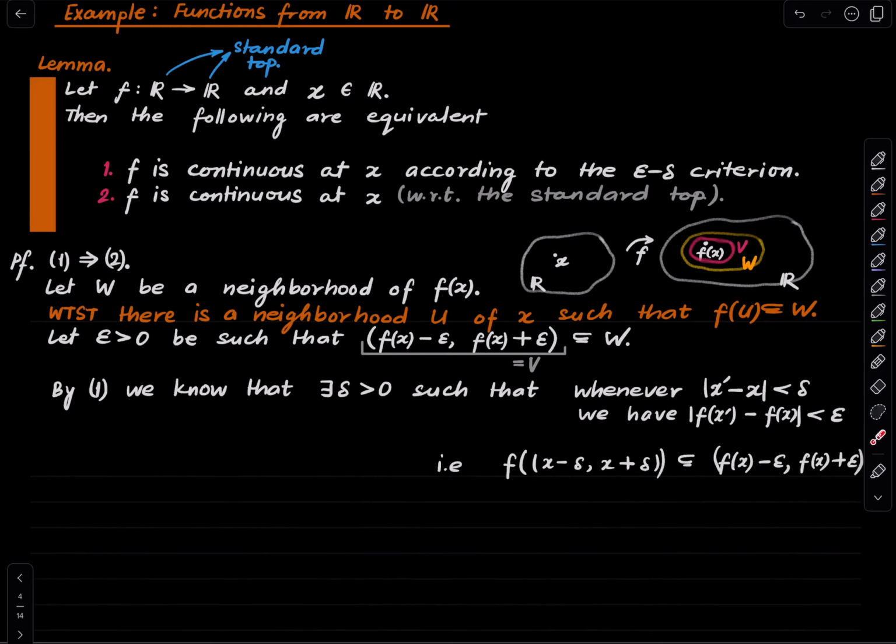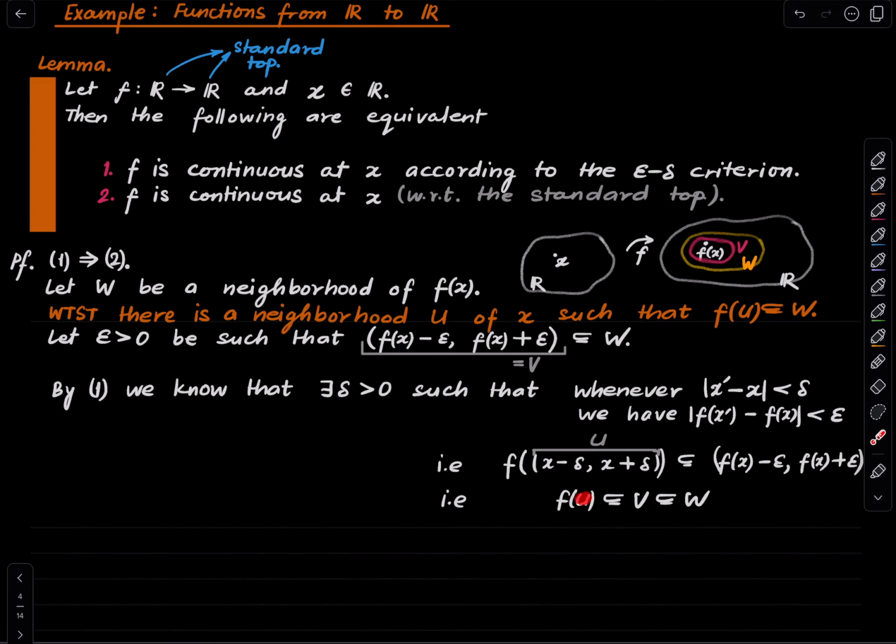If you just try to unravel it, it's the same as that. So just call this capital U, and this is anyway V. So it says that f(U) is contained in V, but V is anyway contained in W.